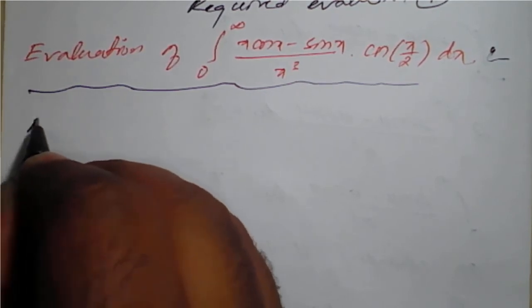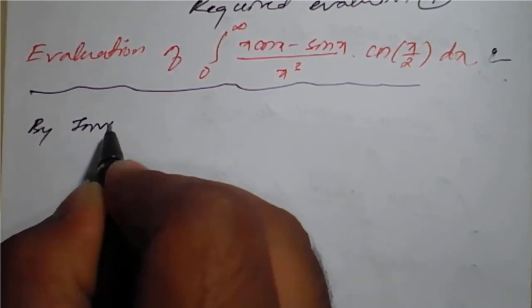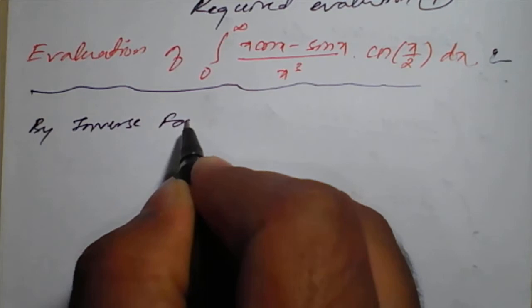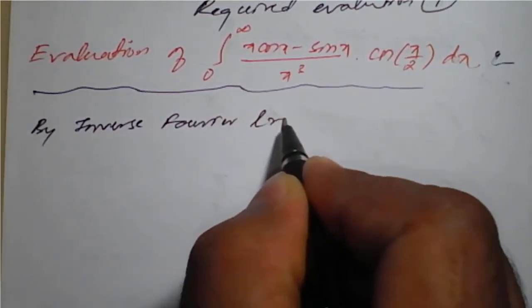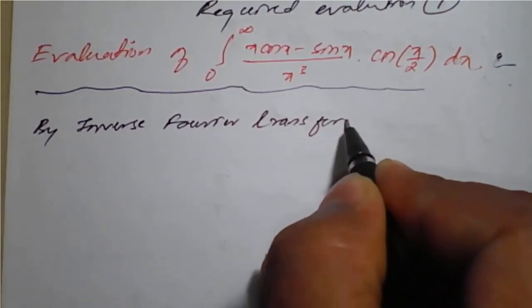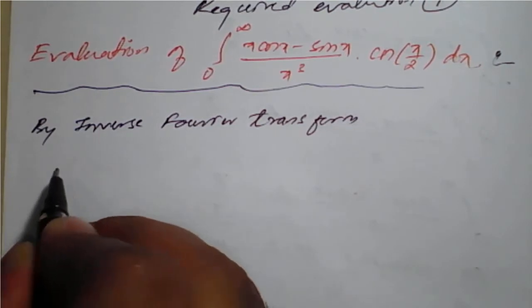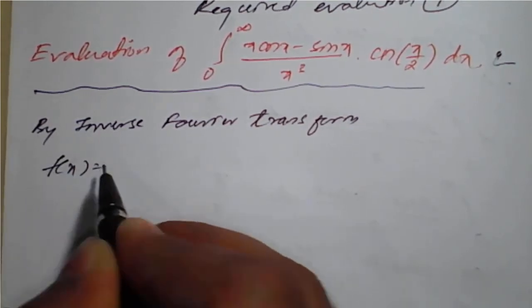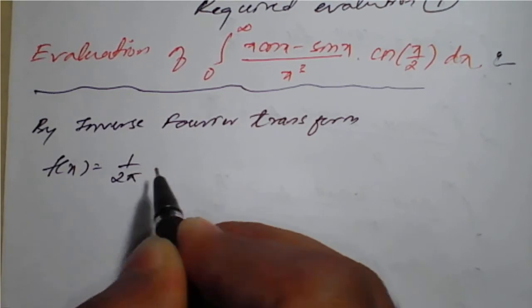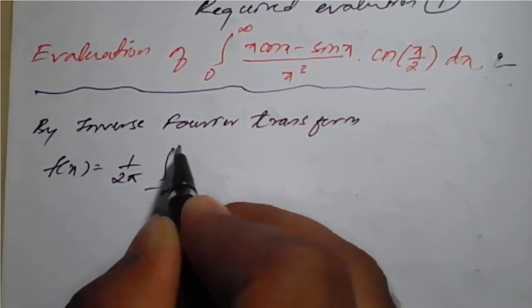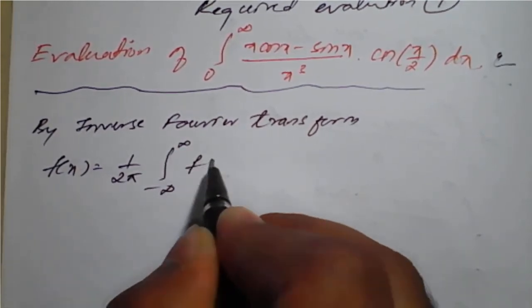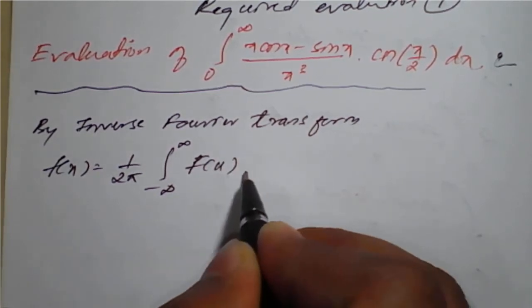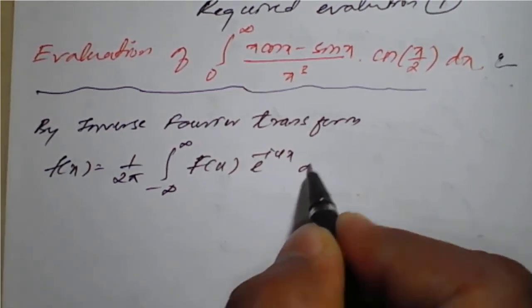So by inverse Fourier transform, we have f of x is equal to 1 upon 2 pi integration minus infinity to plus infinity of capital F of u e raised to minus iux.